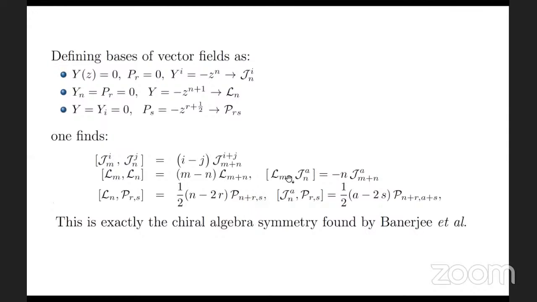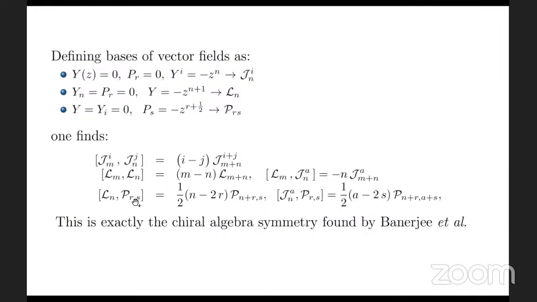And you can pick a particular basis for those holomorphic vector fields in this fashion, and those basis vectors will have commutation relations like these. You will recognize that this is just the SL2 current algebra without the level, because you don't see them, because these are vector field commutators, and this is just a Virasoro, or Witt algebra. And this just says that under Virasoro the current algebra transforms in a particular way.